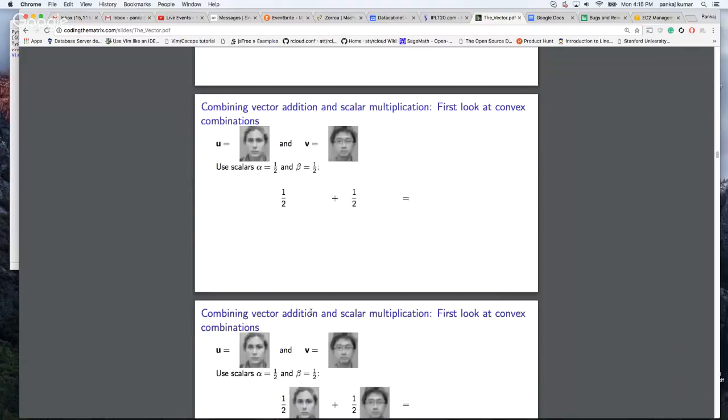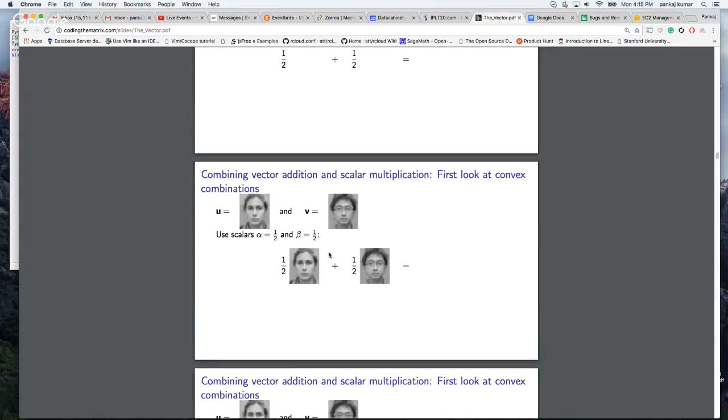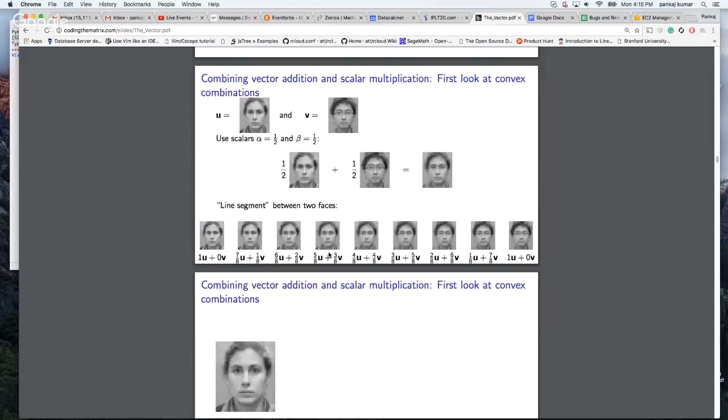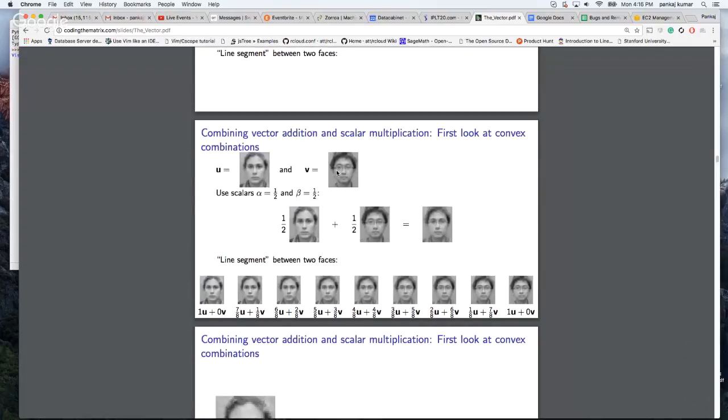So this is a nice example where the same concept can be applied on pictures. For example, if you take 2 pictures and represent these 2 as vectors, and then you take half of this and half of this, then you get a picture like this. And all these images are basically points on the straight line between the 2 images in that high dimensional space.